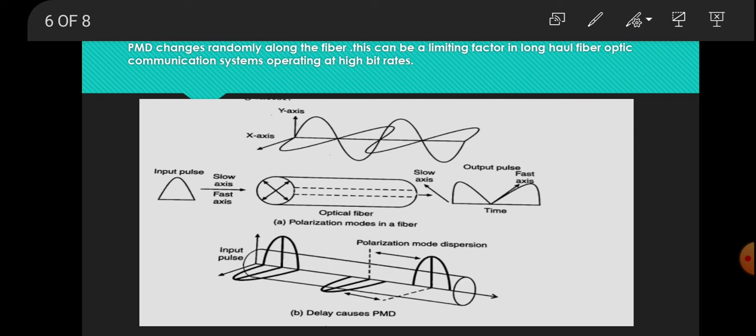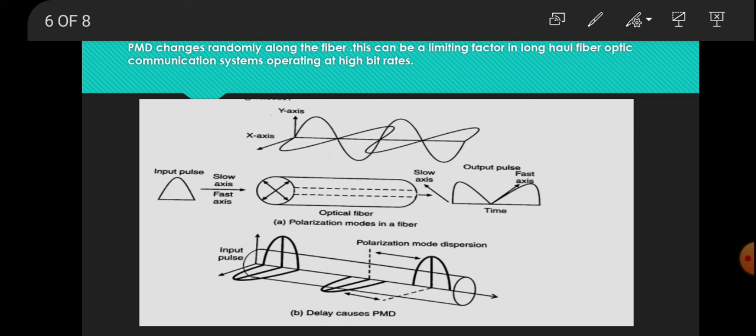If it is going through the fiber, which is also marked there, you can see that at the receiver end, one pulse will be moving faster and the other is moving slower, so that there is a time difference between these two polarizations of the input pulse. So it represents the time delay, and this represents the polarization mode dispersion.